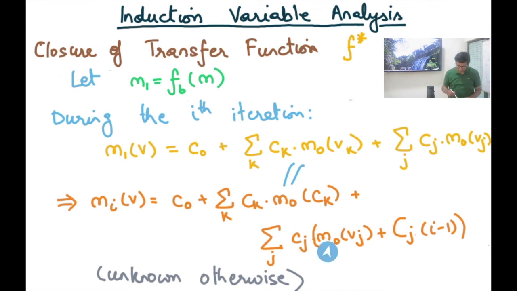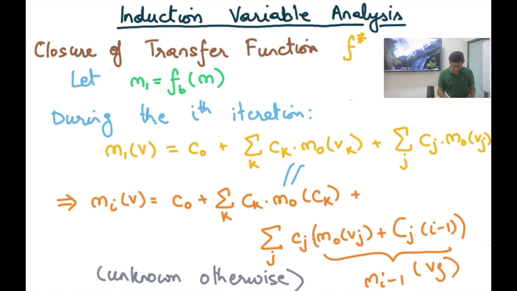So this whole thing is m_{i-1} of vj. All right, so that's what I have expanded here, and from this I can compute this summary for m_i. Now what about m star in this case? Well, for m star I won't be able to say anything, and so I'll just say unknown otherwise.